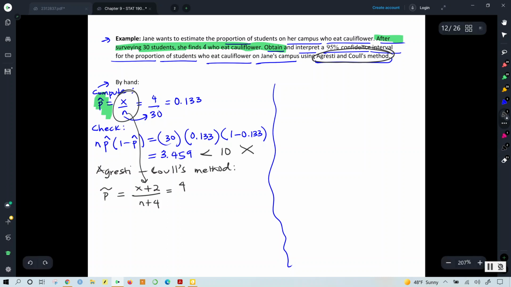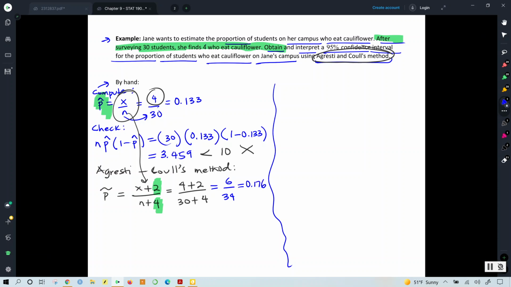So in this case, rather than 4, it will be 4 plus 2, and on the bottom, it will be 30 plus 4. In particular, these 2 and 4 are fixed constants. Think about them like pi in pi r squared. They don't change. So this will be 6 divided by 34, which is 0.176.